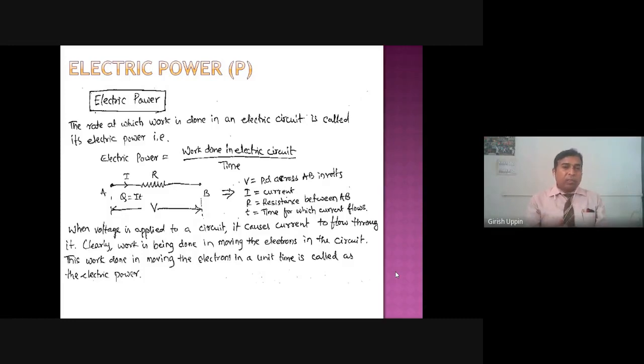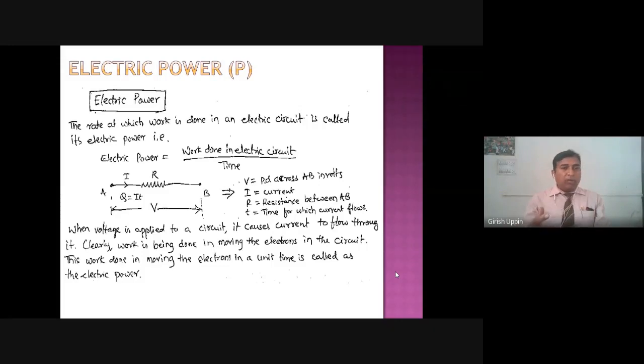And just a simple example: if you bring an electric LED bulb, you bring 9 watt, 15 watt, 20 watt. If the wattage is more, what happens? The illumination is more. The rate at which the work is done is more, so the illumination is more.